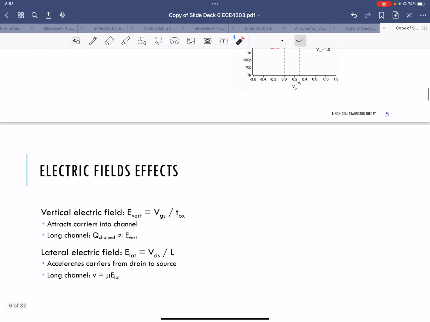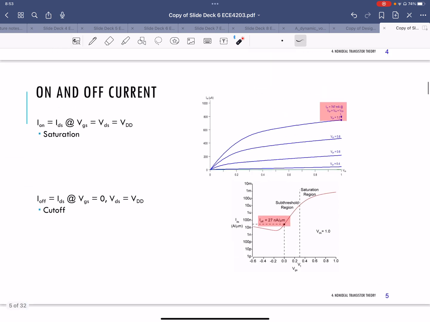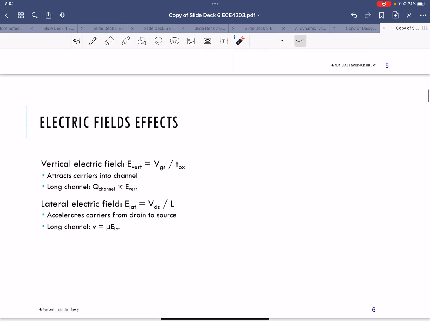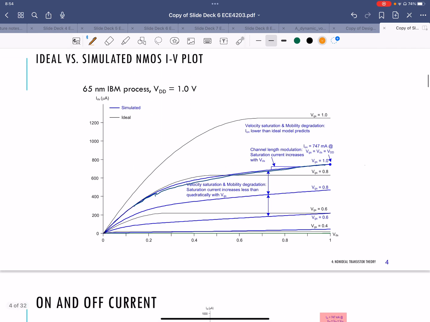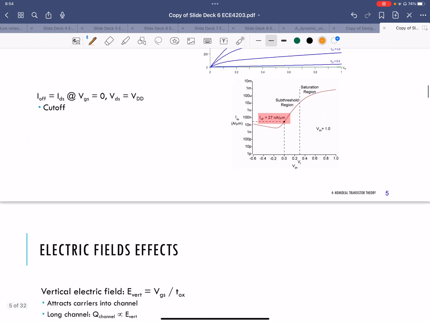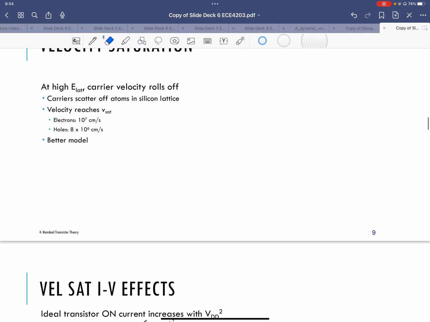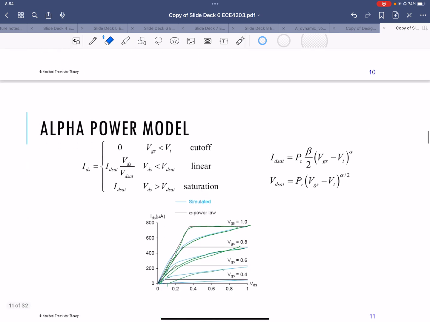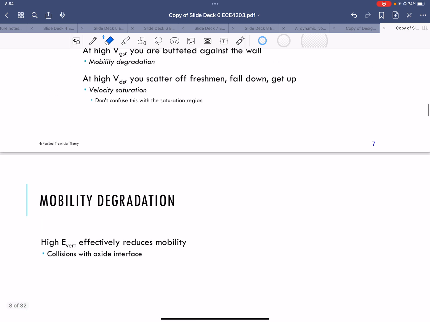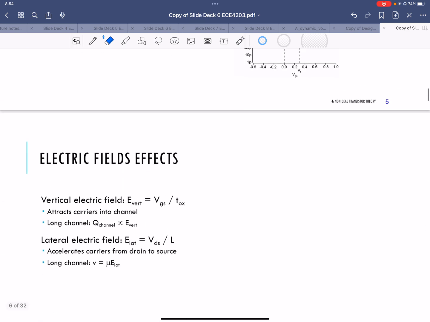Okay, so basically the reason the on current has these issues is really caused by the high electric fields in and around the channel. So one of the things that immediately comes to mind is, why is there electric fields?